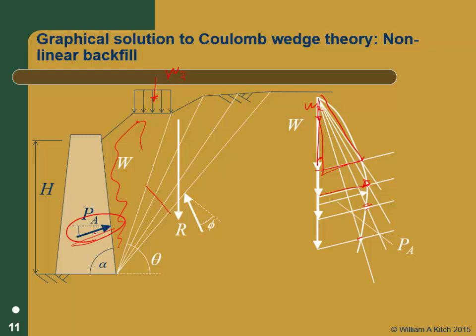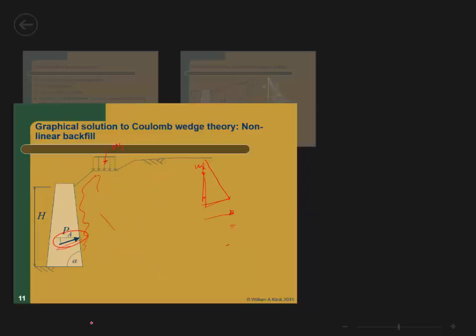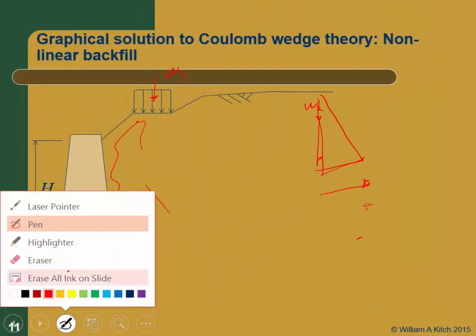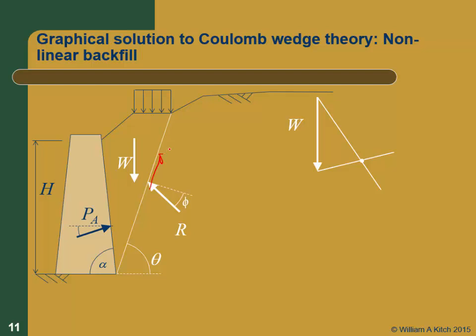When there's cohesion, let me go back a little bit to where there's just one of these, and erase this. So if there's a cohesion term on here, the cohesive force is just going to be equal to C times L, where L is this length, right?